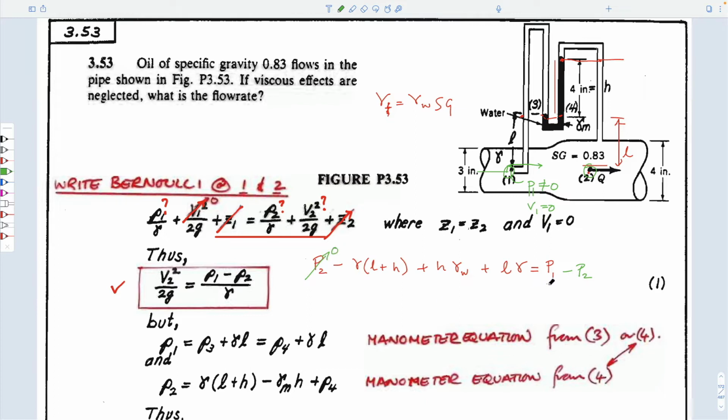And now we have this term here. We could divide both sides through by the unit weight. And we have this term here, which is exactly equal to this, which has to be equal to V2 squared over 2g. And of these, I think we know everything, right?